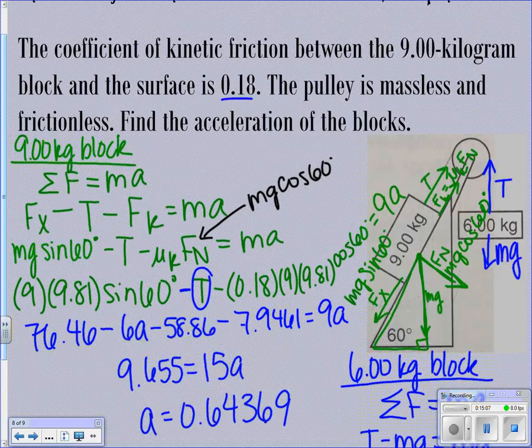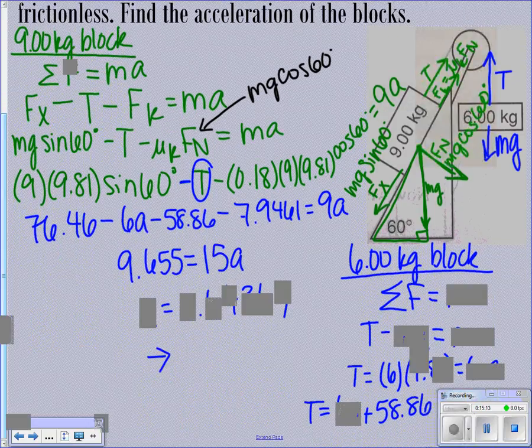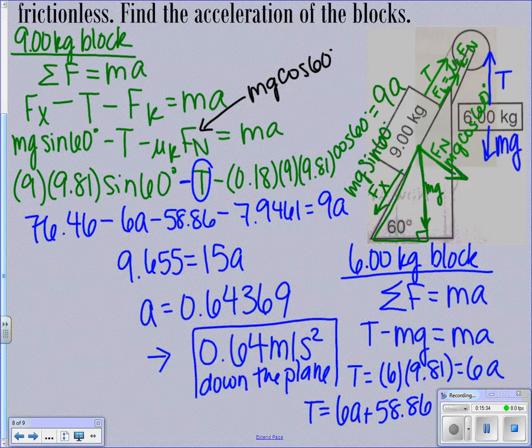We're going to have two sig figs because we have a 0.18 there. So this is going to go to 0.64. And since it's acceleration, the units would be meters per second squared. And our blocks are going down the plane. So we put down the plane. So that would be your answer there.